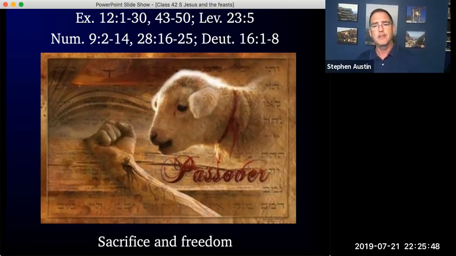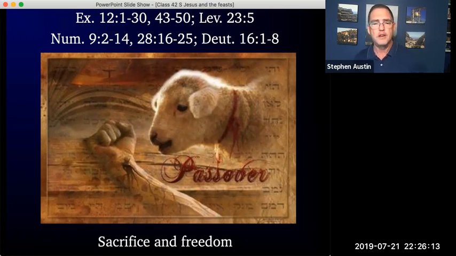And so that night of the Passover, they ate the Passover meal, having painted the lamb's blood on their door frames, and they were eating the lamb and some other things as well that we'll talk about later in another class. And the angel passed over, and so that's where it gets its name. In Hebrew, another name for it is Pesach, for suffering, and obviously you can see the connection there as well.